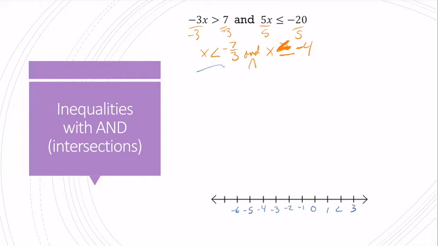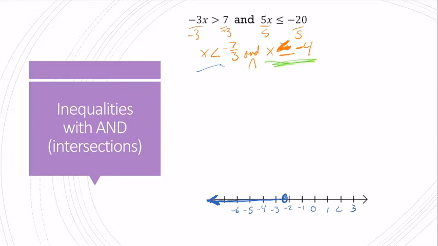Okay. So if I have x is less than negative 7/3, negative 7/3 is just a little bit more than negative 2. It's not included, so I'm going to leave an open dot, and I say x is less than negative 7/3. Then I can highlight everything to the left. Now in green, I'm going to go ahead and graph x is less than or equal to negative 4.